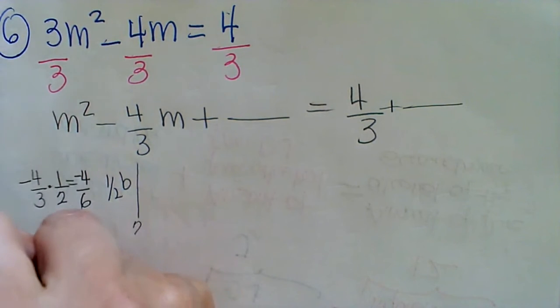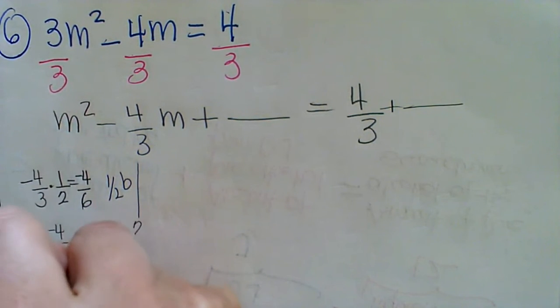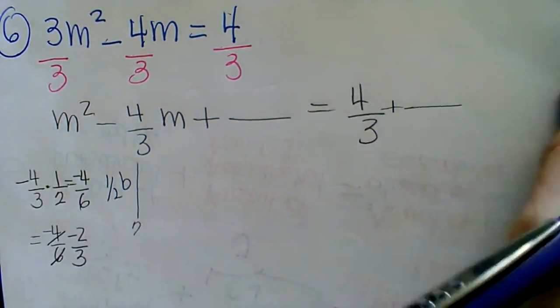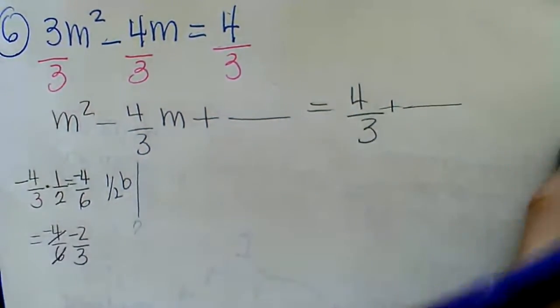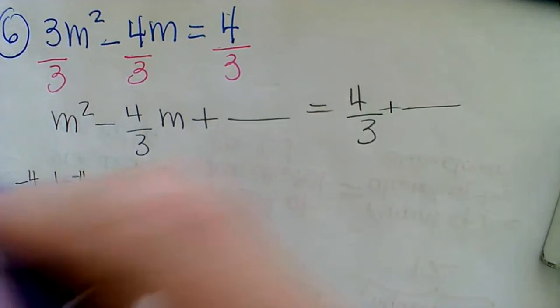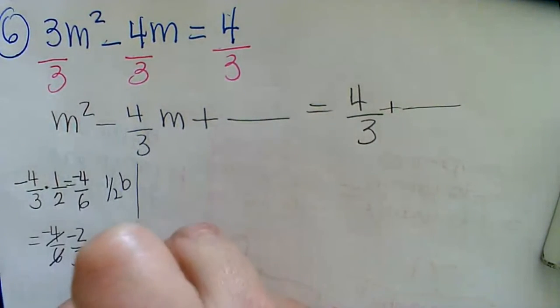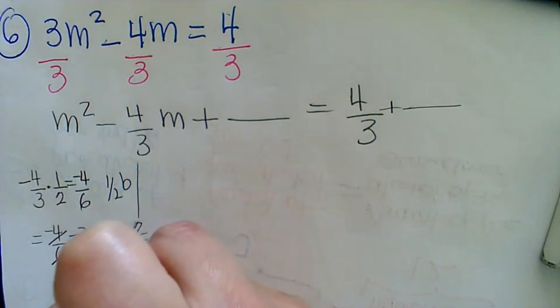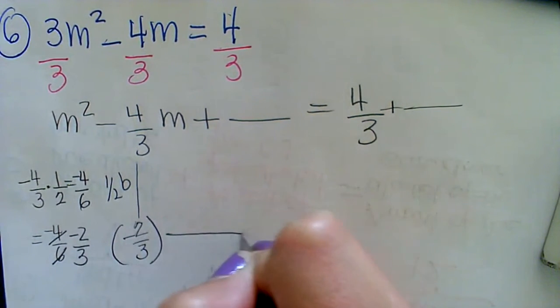If I simplify, this is negative 2 and this is 3. Otherwise, you'll get the answer, but it's going to be longer because the numbers in the fractions are going to be bigger. So what do we have? Negative 2 over 3.